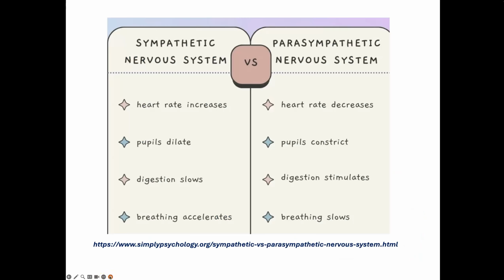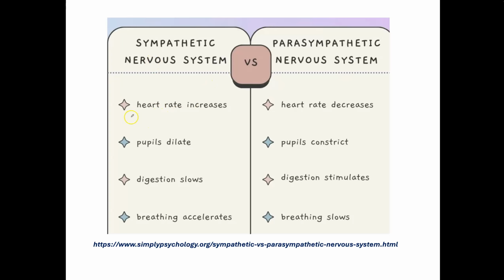I just put this in here because I wanted to remind you. I know this has been covered even in high school and stuff, but I just wanted a reminder because sometimes we don't think about these things the year after or 2 years after. So the parasympathetic and sympathetic nervous systems are part of the autonomic system, which is the part that you don't consciously control.